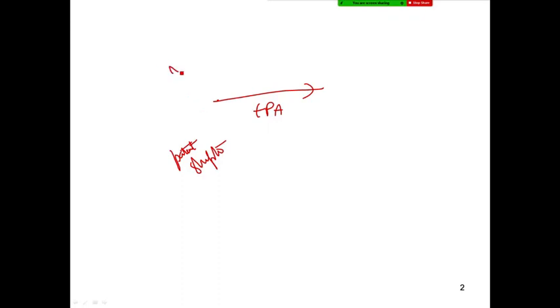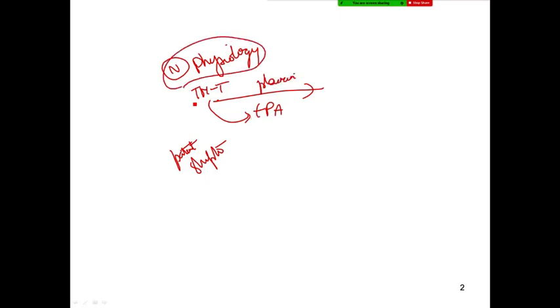If I'm asking about normal physiology, it should be the thrombomodulin thrombin complex, which activates TPA, which releases plasmin. So physiologically, tell me thrombomodulin thrombin complex. In a patient, give me streptokinase. Okay, thank you. No worries.